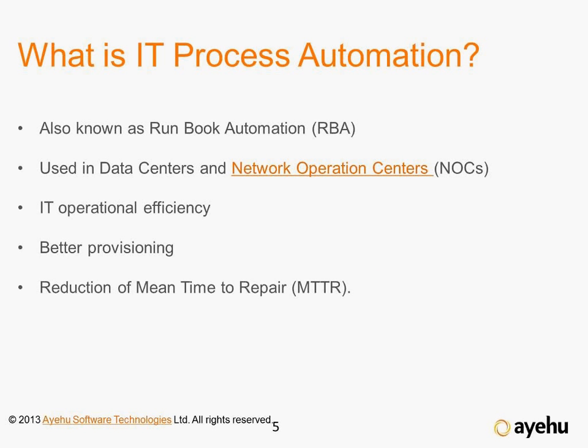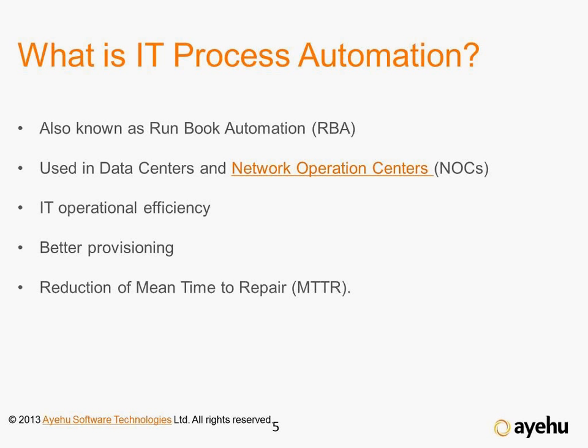So, for the first item, what is IT process automation? Historically, from the mainframe world, it was better known as runbook automation. In definition, runbook automation and IT process automation are probably the same thing, the only difference being when they run.